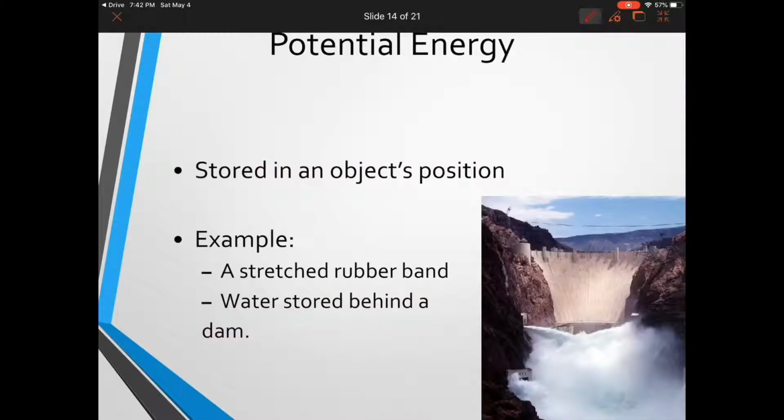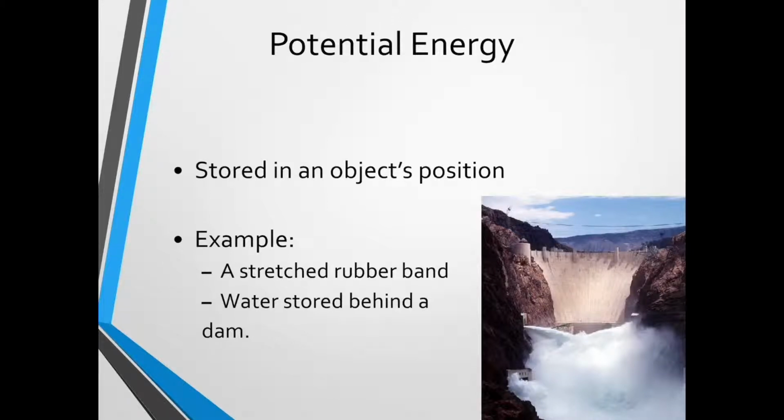All right, so now let's talk about potential energy. Like I said on a previous slide, potential energy is stored energy. It's the energy that is sitting in an object at rest. Some examples of this would be a stretched rubber band. Not you stretching it back and forth, not you starting to stretch it.